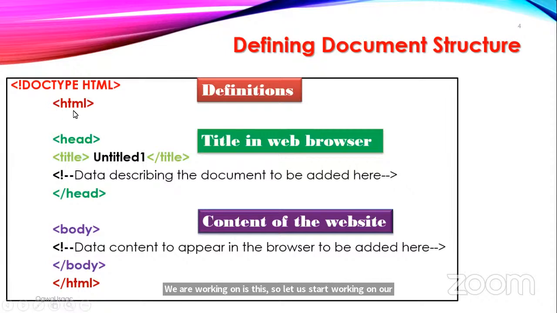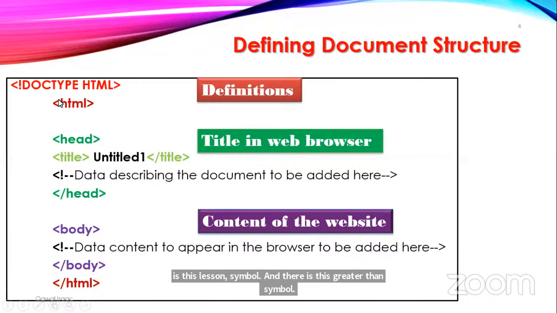So you put this tag first. This tag has two symbols. If you look at them carefully, there is this less than symbol and there is this greater than symbol. So these ones, we have to use them.